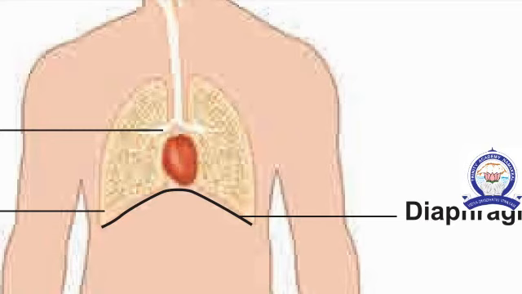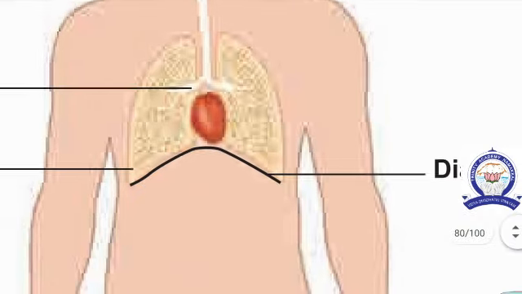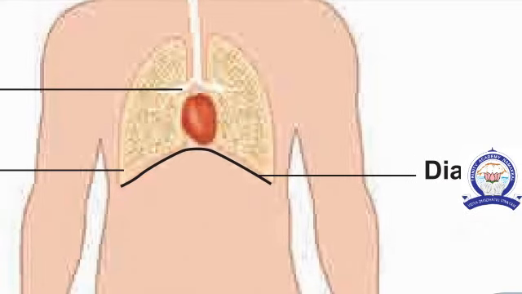RBC transports oxygen and carbon dioxide. The hemoglobin is present in red blood cells, so it transports the oxygen and carbon dioxide. This is called internal respiration.